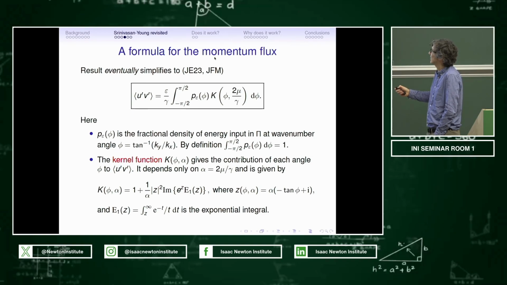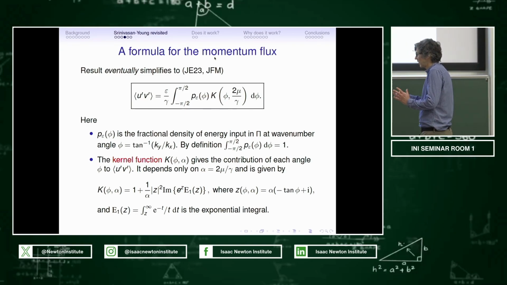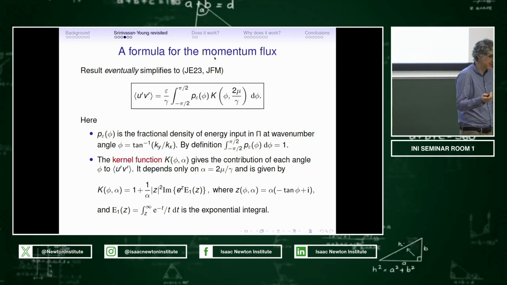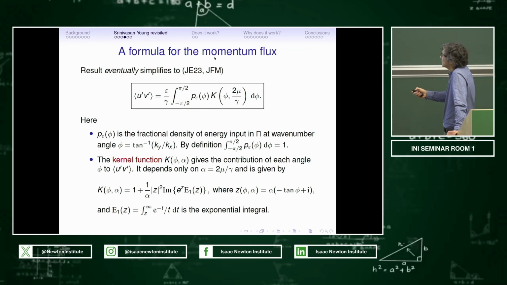This p epsilon that appears here is a distribution, like the density of energy injection at wave number angles in the initial forcing. It is an object which integrates to 1, and it gives the density of energy injection at different wave number angles, where the wave number angle is the arctan of the vertical divided by the horizontal wave numbers.